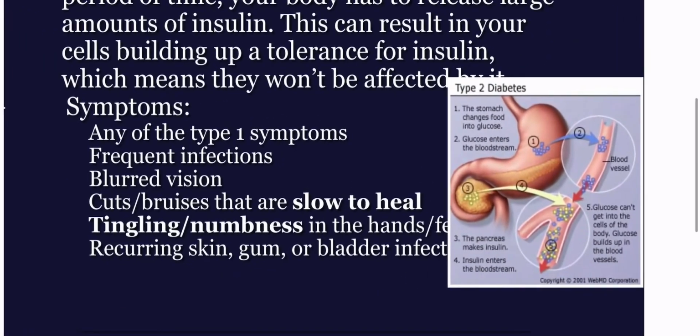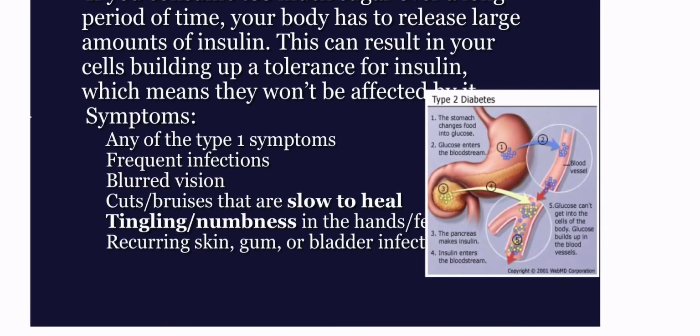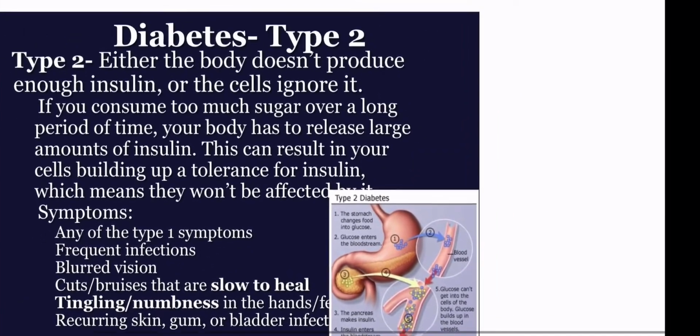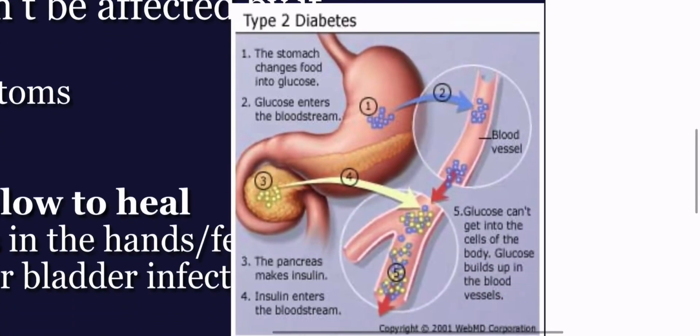Symptoms: any of the first type, as we already said. Frequent infections, blurred vision, cuts and bruises that are slow to heal, tingling, numbness in the hand, recurring skin, gum, or bladder infection. Here's diabetes type 2.